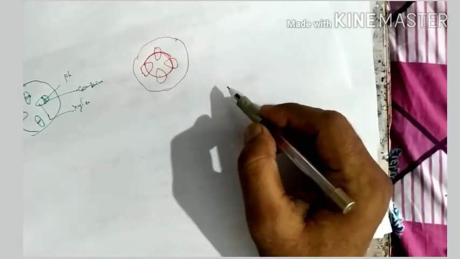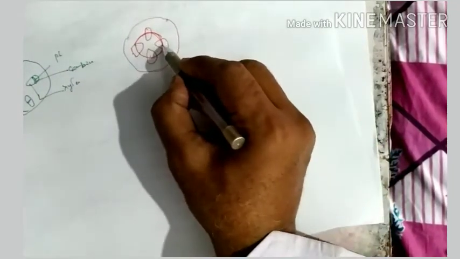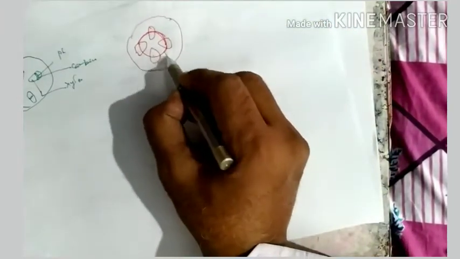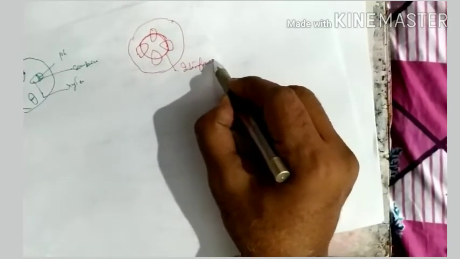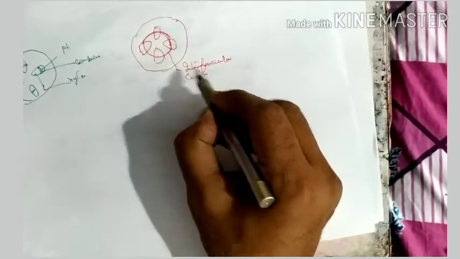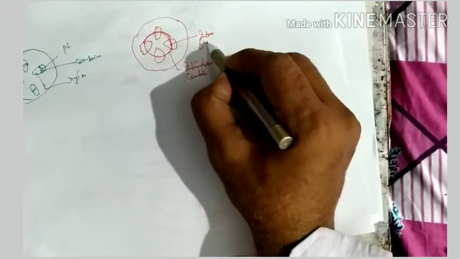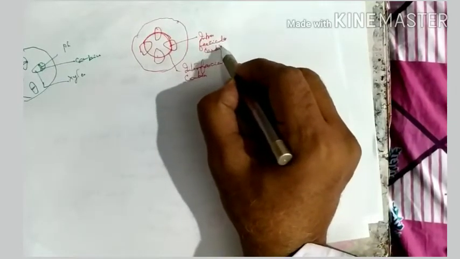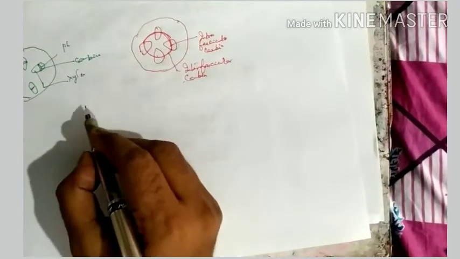Then this ring starts to cut. This is the interfascicular cambium. This is the intrafascicular cambium.